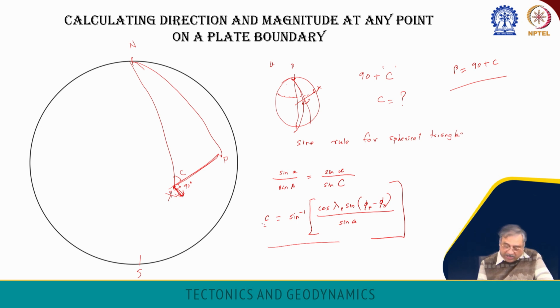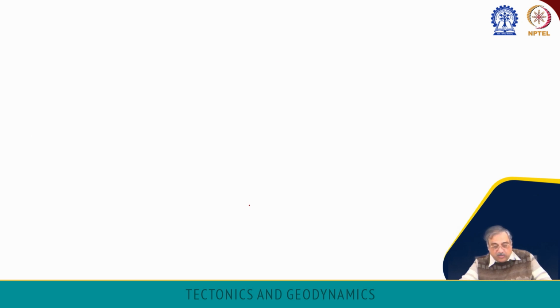How would you actually make sure that you've got the correct sine value when you're inverting for the sine inverse? So this way, what it means is that we can actually calculate both the magnitude of the linear velocity as well as its direction at any point along a plate boundary, given the location of the Euler pole of rotation, given obviously the location of the point concerned, and of course the angular velocity concerned with that particular plate boundary.